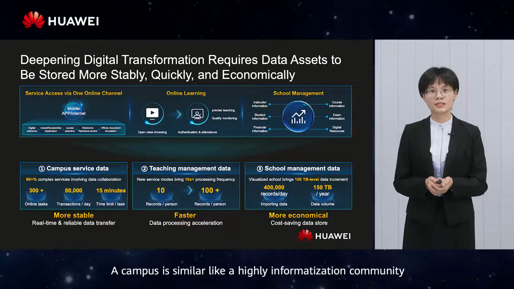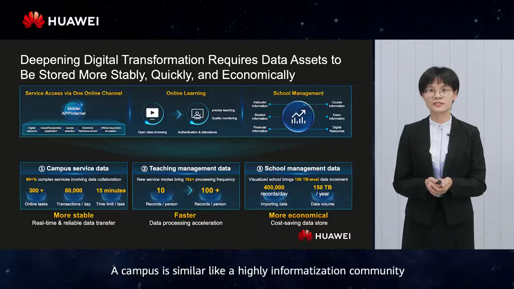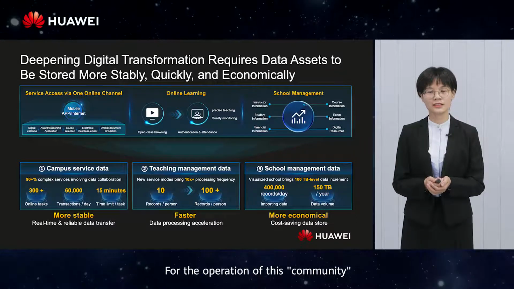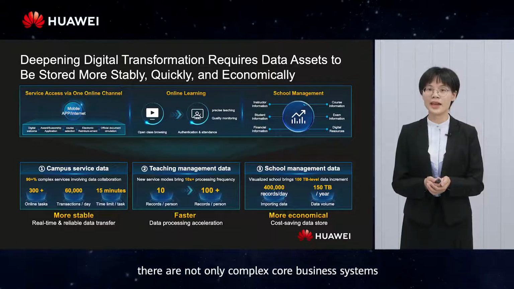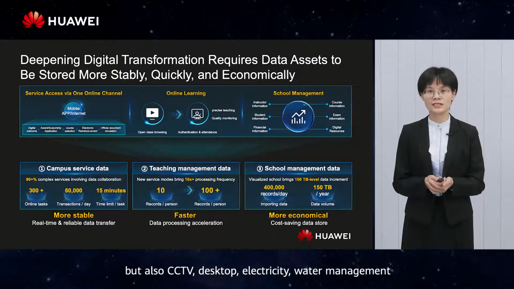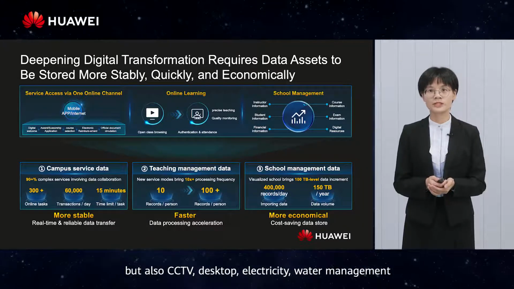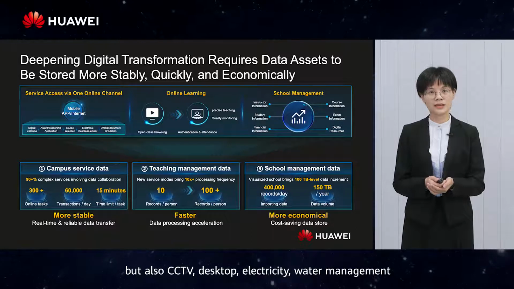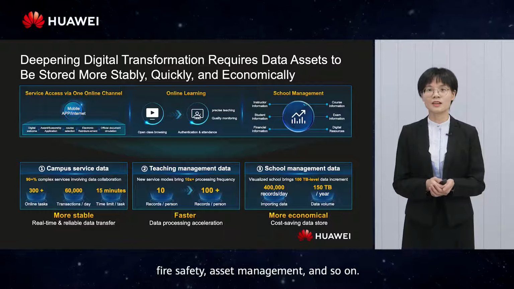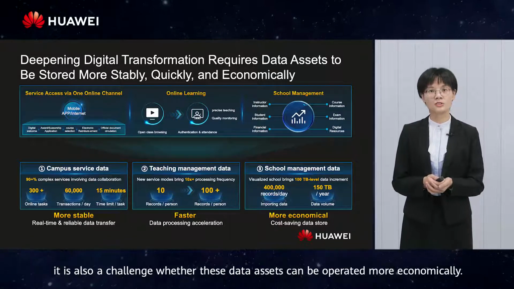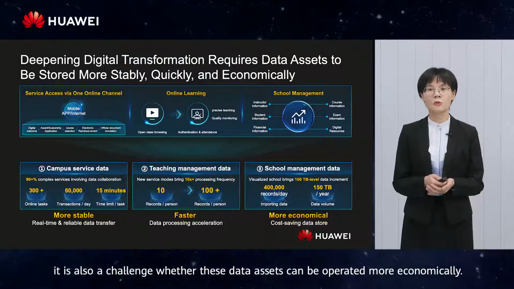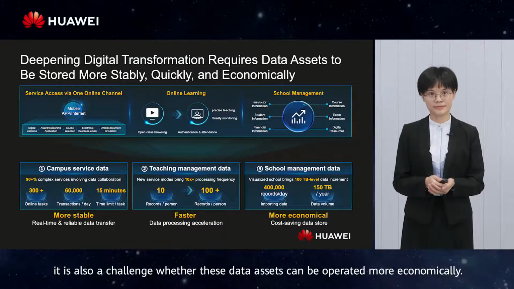A campus is similar to a highly informatized community. For the operation of this community, there are not only complex core business systems, but also CCTV, desktop, electricity, water management, fire safety, asset management, and so on. For the campus, it is also a challenge whether these data assets can be operated more economically.